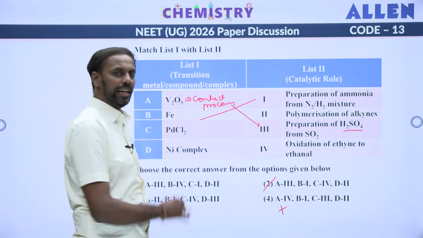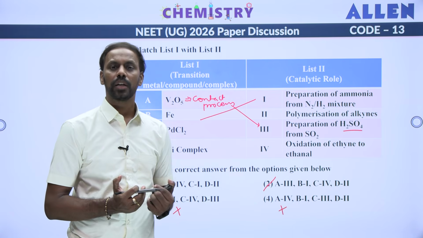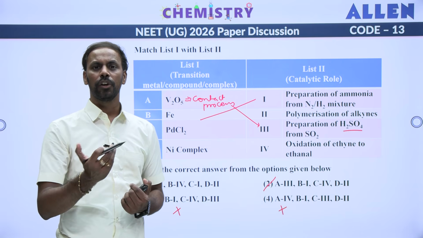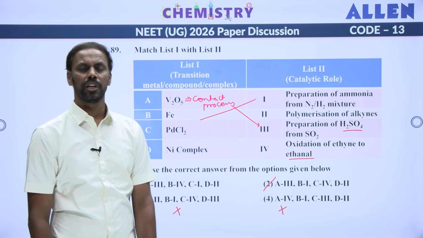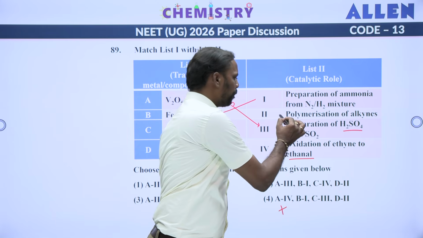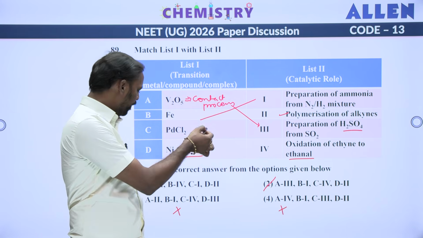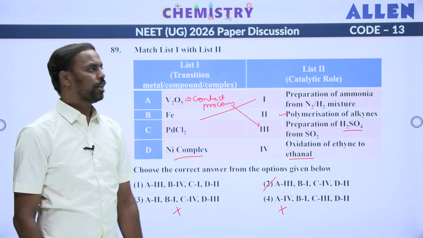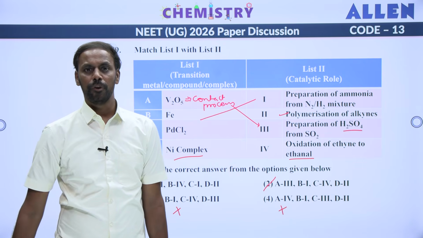Okay, PdCl2 is used in Wacker oxidation. Generally alkyne or alkene molecule is converted into which one? Aldehyde. That means the preparation method of carbonyl compounds, where nickel complex is used for polymerization of alkane. But no need to check that because we have already eliminated it. So this question was asked on catalyst information.